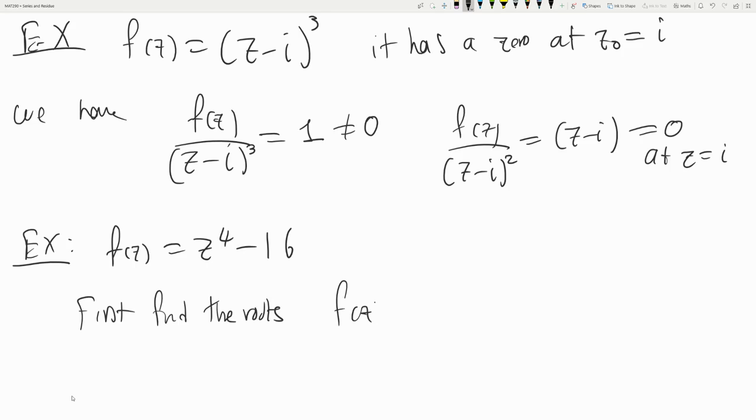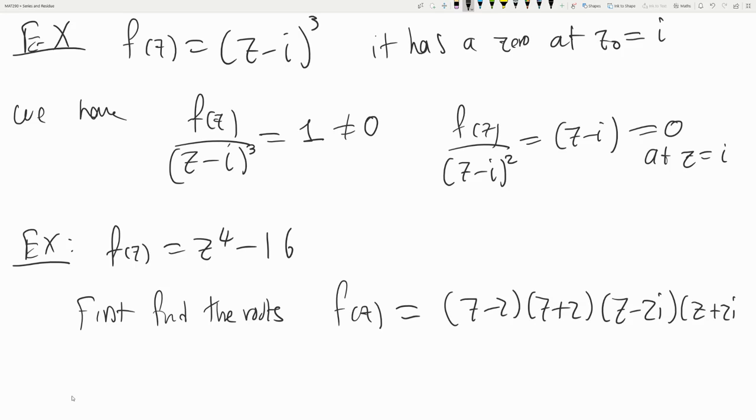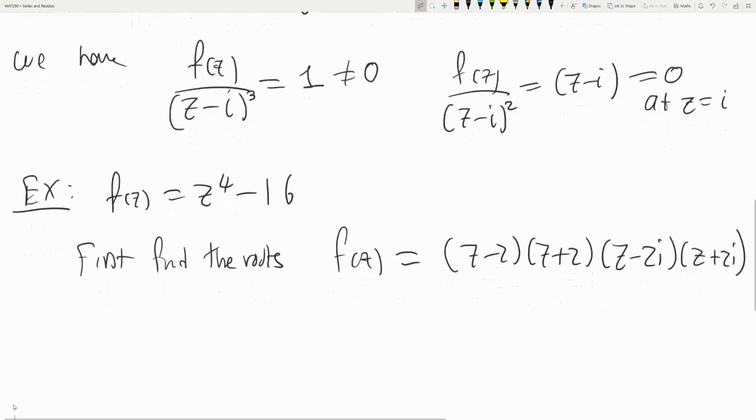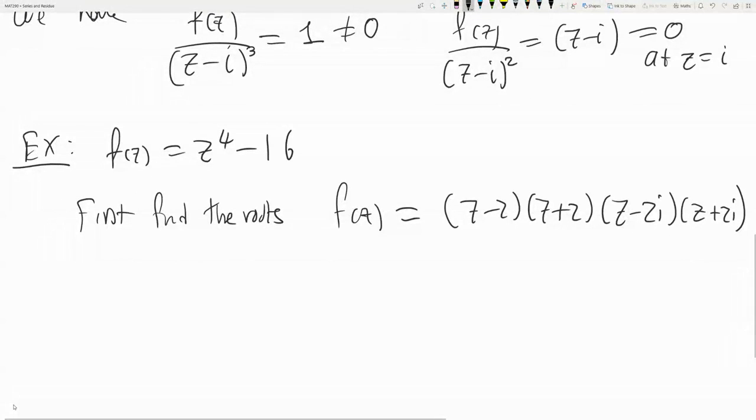We have that f of z can be written as (z minus 2)(z plus 2)(z minus 2i)(z plus 2i). So it has four roots, and what is their order?